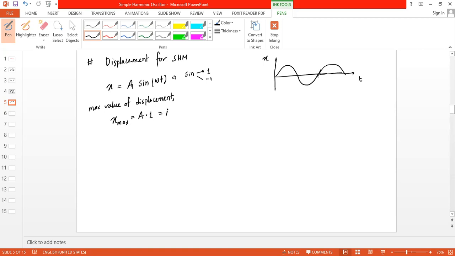So x max equal to a, or in other words, a is the maximum displacement of the oscillatory object.